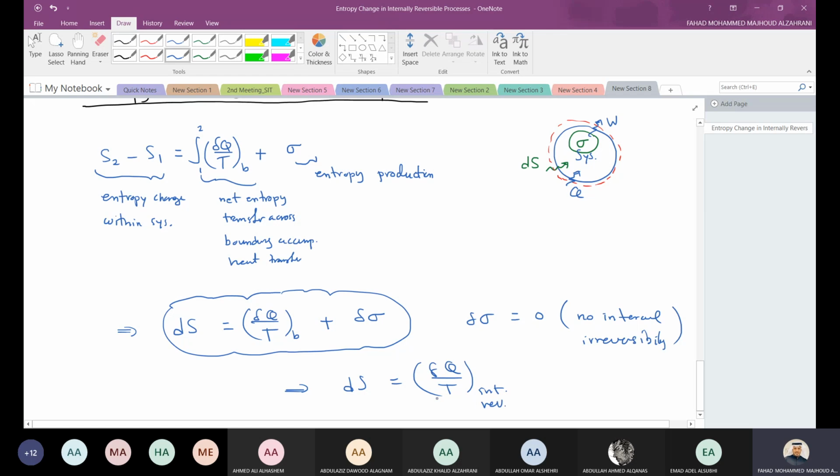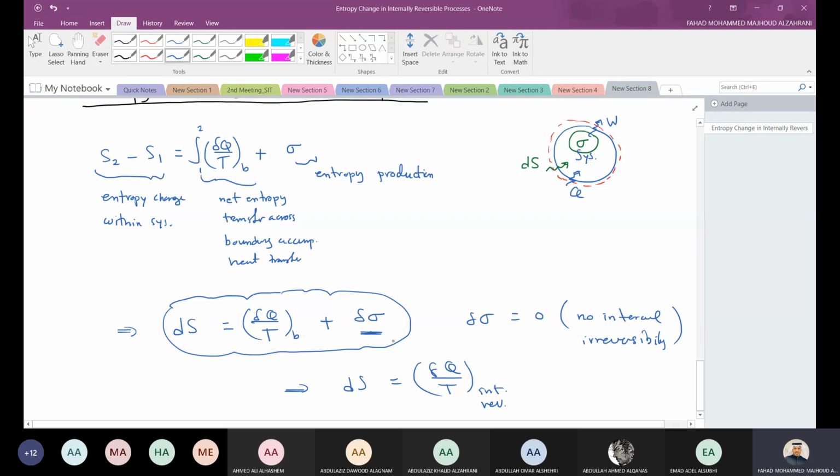We're back. Do you understand now why we defined dS as dQ over T? Because I don't have any internal irreversibilities. My term here is 0 for internal irreversibility.